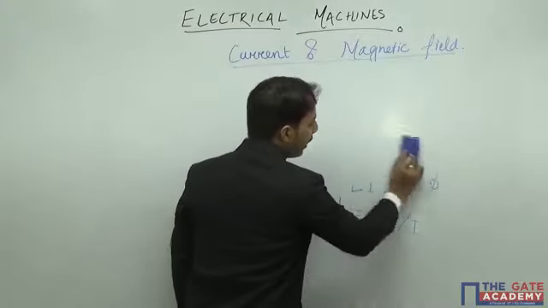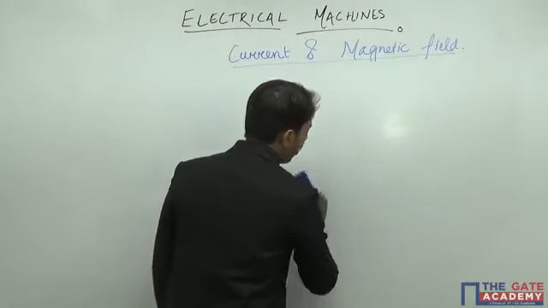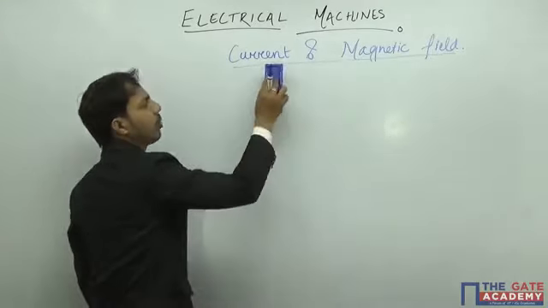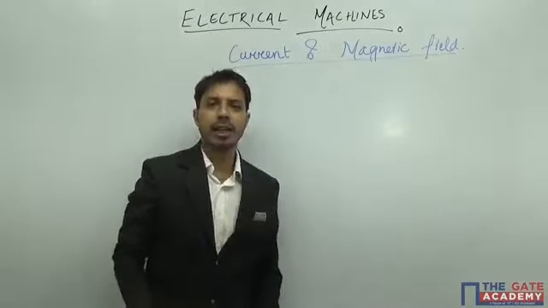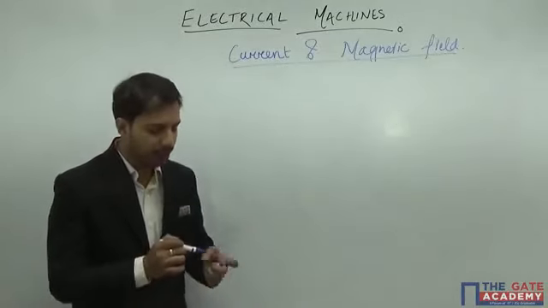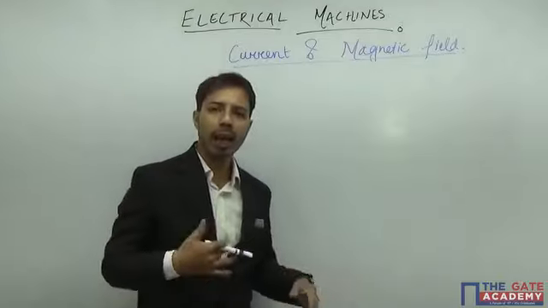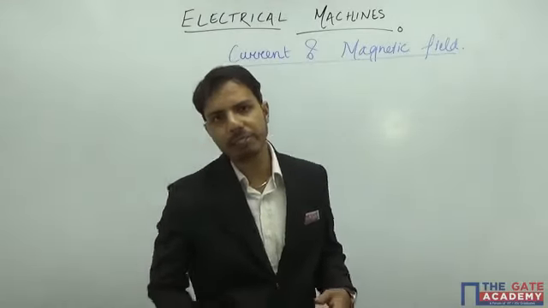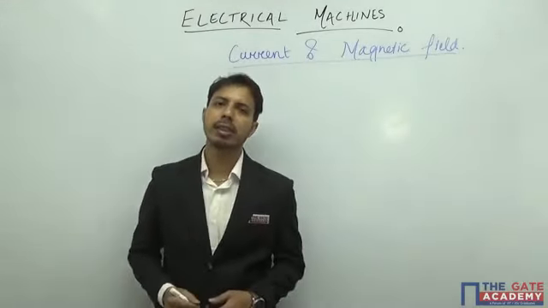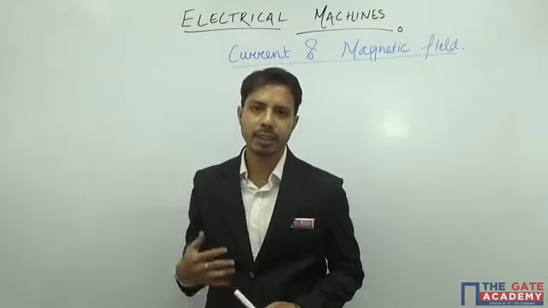There is one more last statement which we can also derive from the relationship of current and magnetic field. What if we have a magnetic field as well as a current carrying conductor?